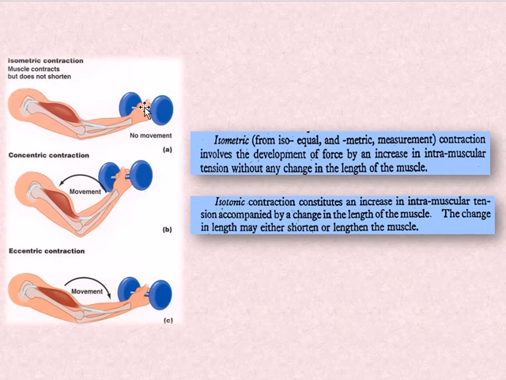Iso means equal and metric means measurement. Isometric contraction involves the development of force by increasing intramuscular tension without any change in the length of the muscle, while isotonic contraction constitutes an increase in intramuscular tension accompanied by a change in the length of the muscle. The change in length may either shorten or lengthen the muscle.